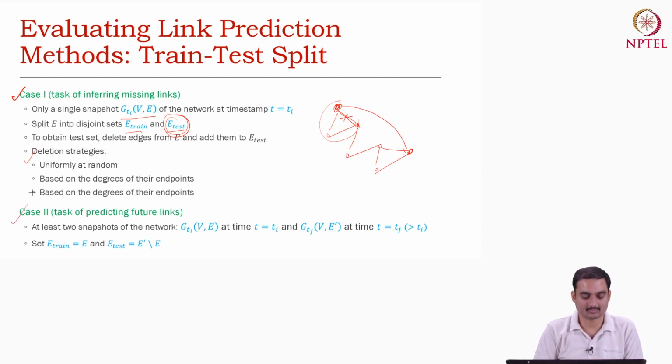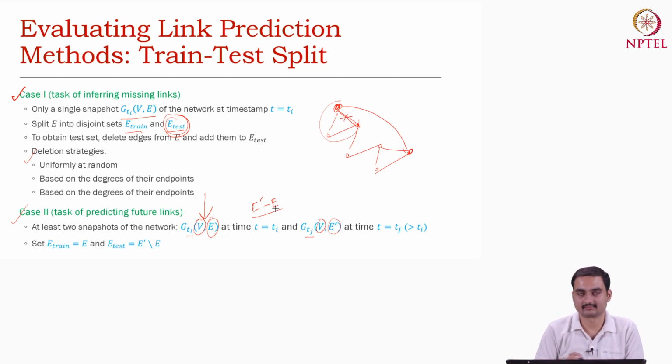The second problem, if it is a future link prediction problem, then it is very straightforward. You do not need to delete anything, because you have two snapshots now, at Ti and at Tj. You have the same set of vertices but different sets of edges. So given this graph, can we predict this E dash minus E edges?